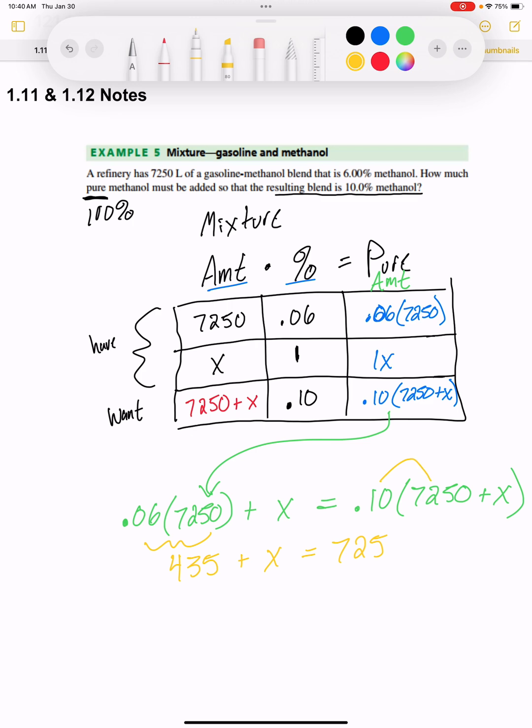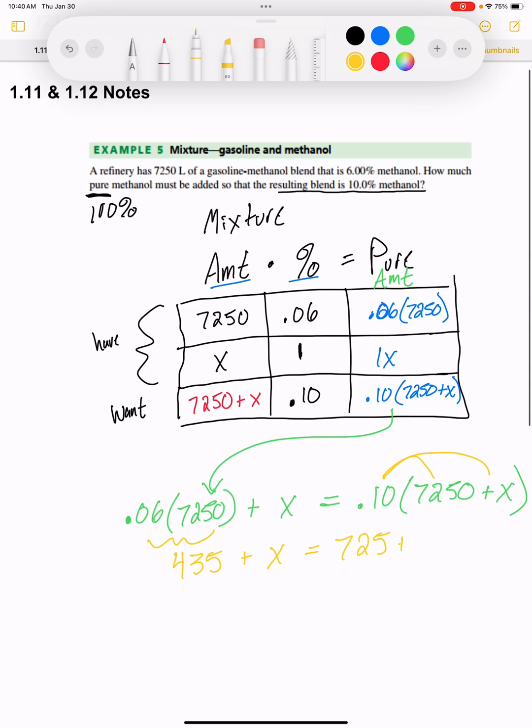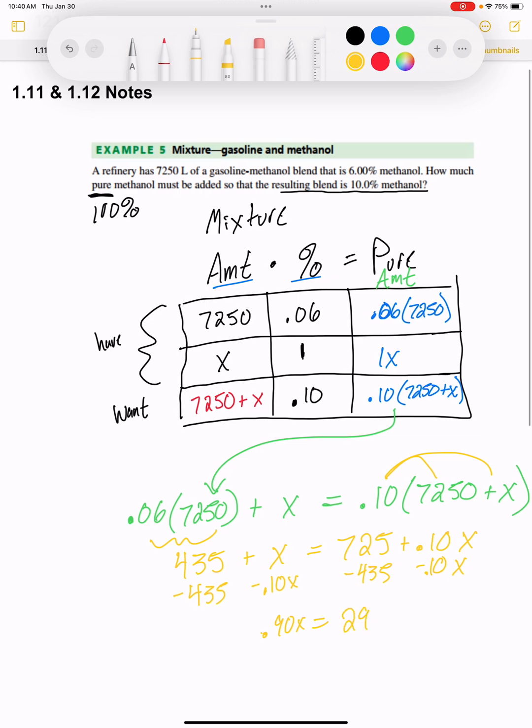I'm multiplying 0.10 by 7,250 and then by x, so plus 0.10x. I want to get my x's together and my other terms together, so I subtract 0.10x from both sides, and subtract 435 from both sides. Over here I got 0.90x, and 725 minus 435 gives you 290.